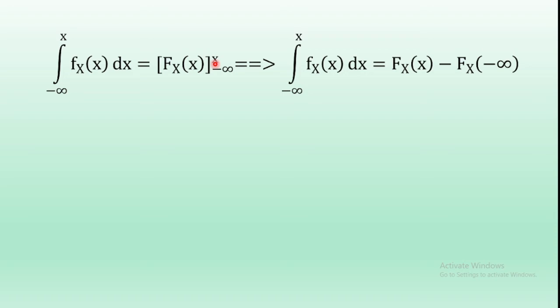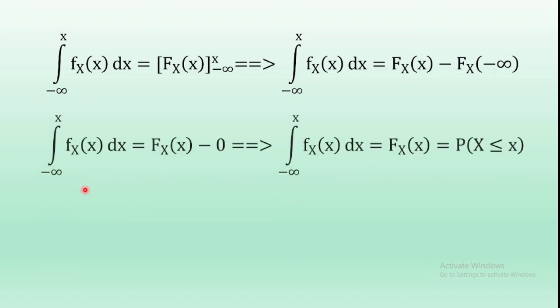Next, applying the upper value and lower value of x, we get the RHS term as FX(x) minus FX(minus infinity). Using the cumulative distribution function property, the value of FX(minus infinity) is 0. Therefore, the LHS term, the integral from minus infinity to x of fX(x) dx, is equal to FX(x) minus 0, since FX(minus infinity) is 0.